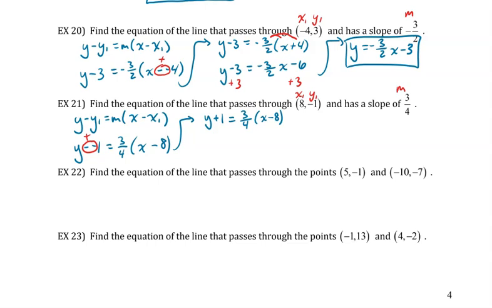If you are wanting it in slope intercept form, then distribute. So it'd be 3/4 x minus 6 if you multiply that fraction by 8. Subtract 1, and we end up with y equals 3/4 x minus 7.